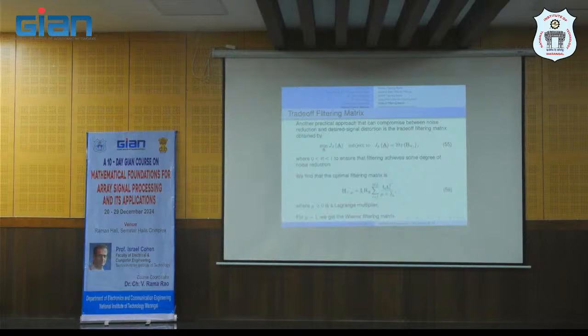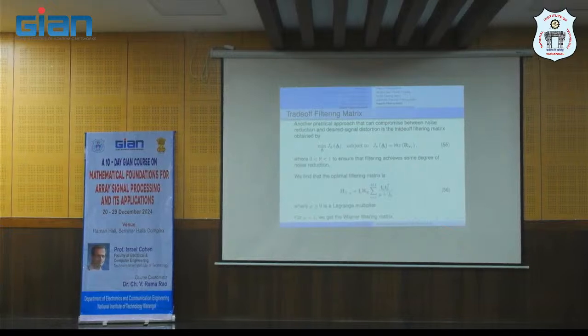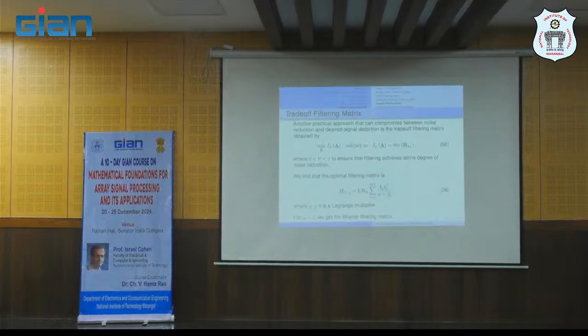what happens if I put here mu equals to 0? What does it mean? If mu equals to 0 and I try to minimize this, so I don't care about noise. I care about distortion. What do I get if mu equals to 0? MVDR. MVDR.